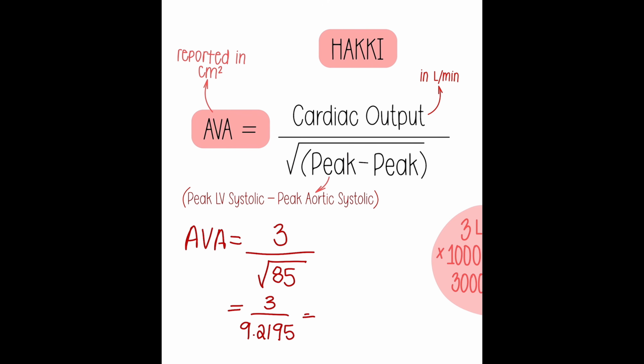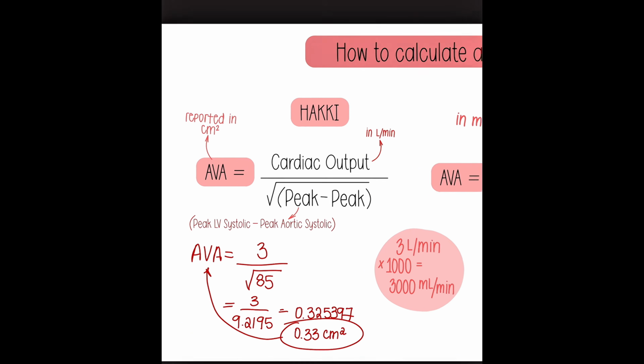So it's important to probably use the calculator on your laptop or on your phone so that you're used to using that, not a regular calculator. So 3 divided by 9.2195 is, now this is a really intense number because that was a really intense gradient, 0.3254, right? So I would say 0.3, whether you round up or down, and that is in centimeters squared. That is the aortic valve area for Hakki.